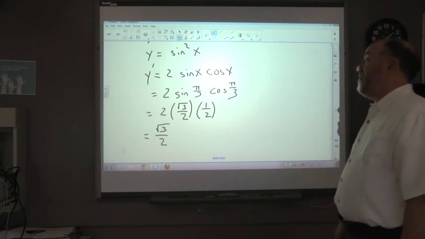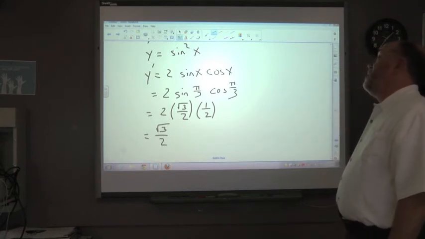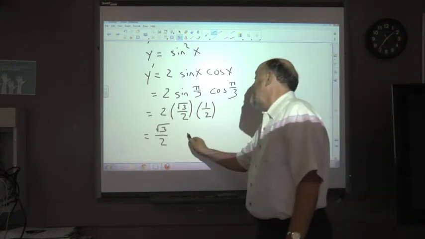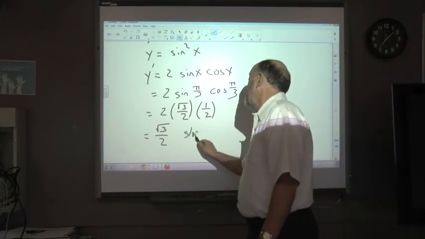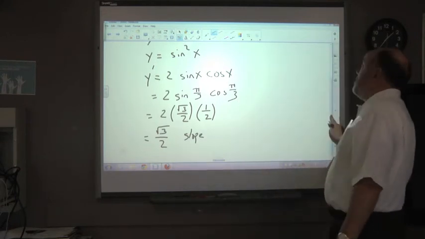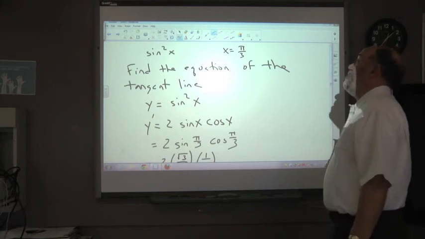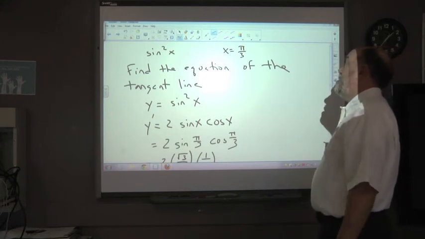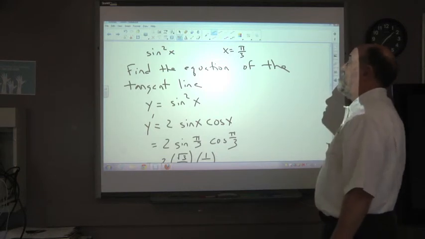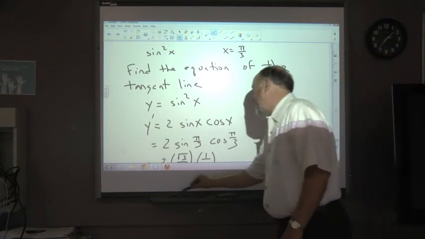And that will give us our value. Okay. So that would represent our value of the slope. Well, we also know the x value. We know x is pi over 3. So what we need to know now is what is the corresponding y value.